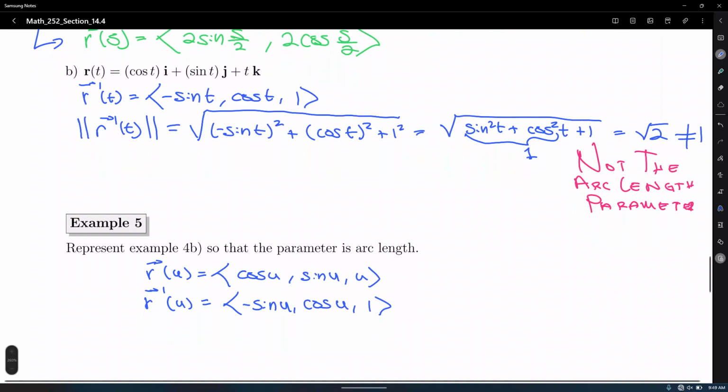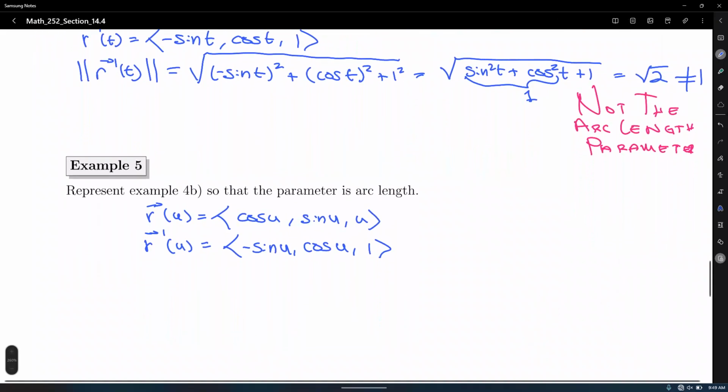So what do we need to do? We need to find the arc length parameter, that is s equals the integral from 0 to t of the magnitude of r prime of u du. In other words, we're going to take the magnitude of the derivative, which is actually the same that we got before.